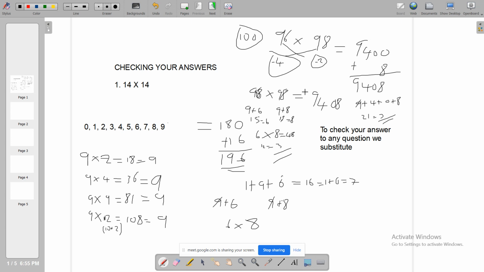This one is 3. Which one equals 3? When you find a check number, a substitute for 21 is 2 plus 1, which is 3. Do you understand? Yes. Okay, so here is 3.